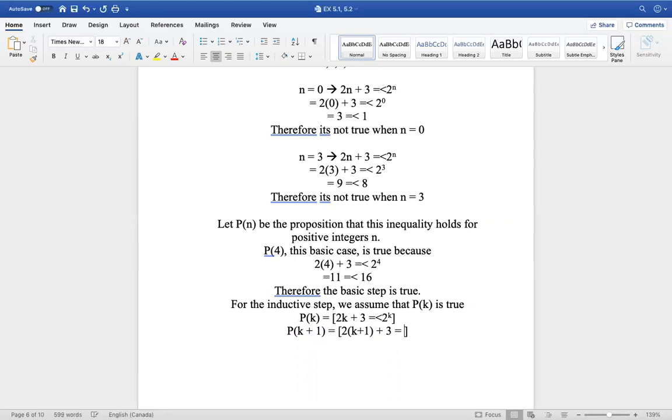Okay, equals to 2 to the power of K plus 1. So this is the left hand side, and we are saying that this is less than or equals to this right hand side here.